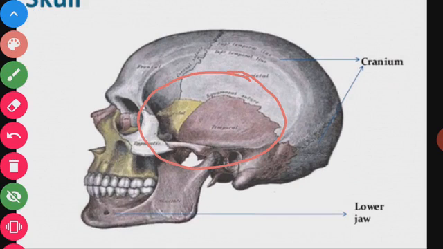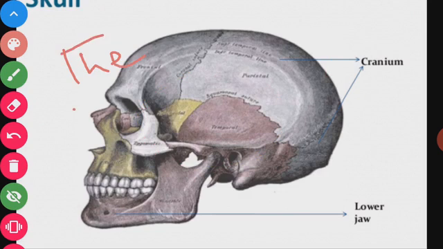This skull has two parts. The first part is known as the cranium, and the second part is the facial bones.